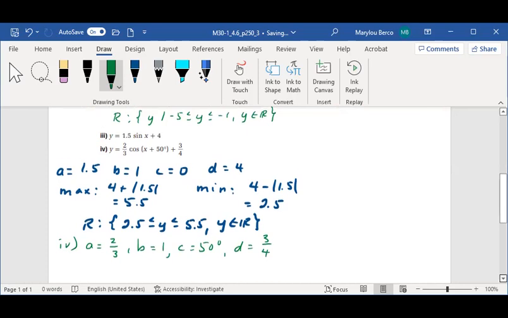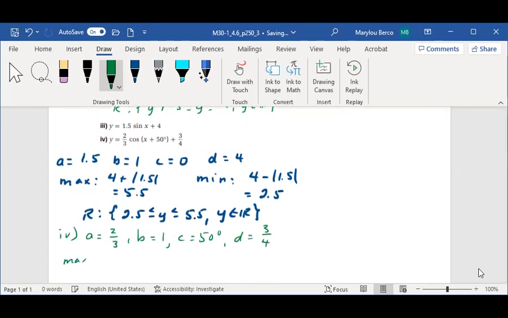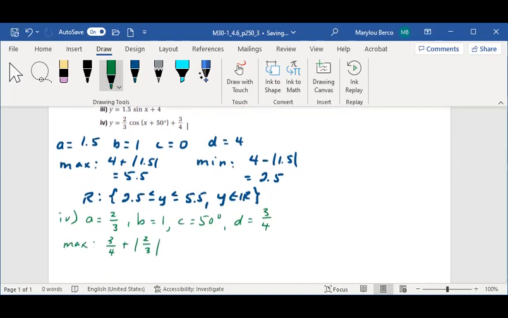Okay, so for the max, it is your vertical displacement, D, plus your amplitude, which is 2/3, which is 17 over 12. The minimum is D minus the absolute value of A, or 3/4 minus 2/3, which is 1/12.